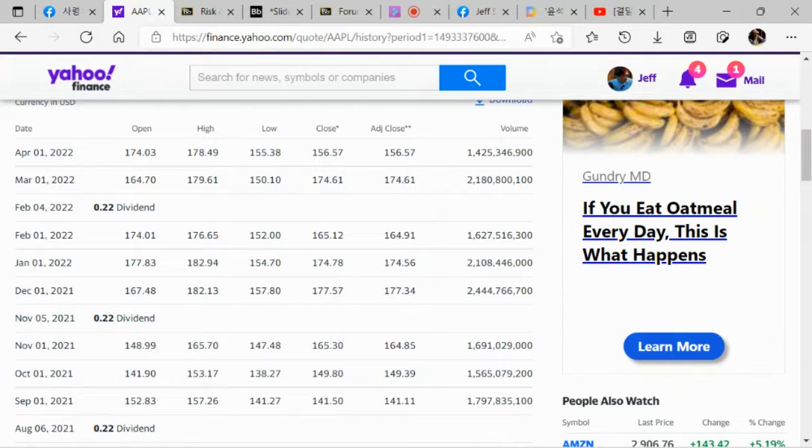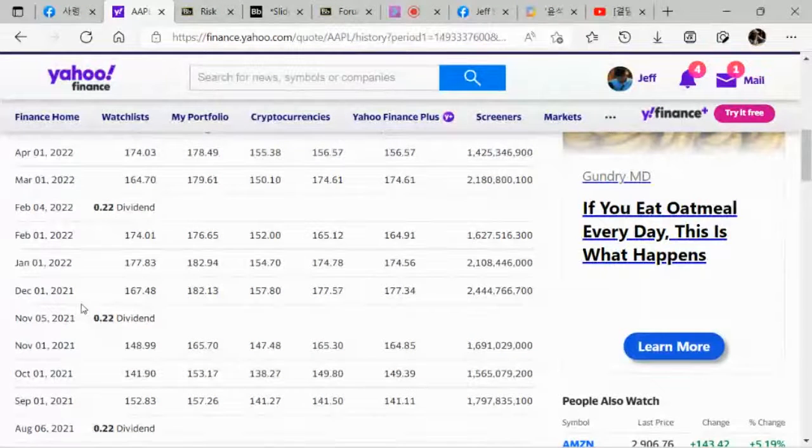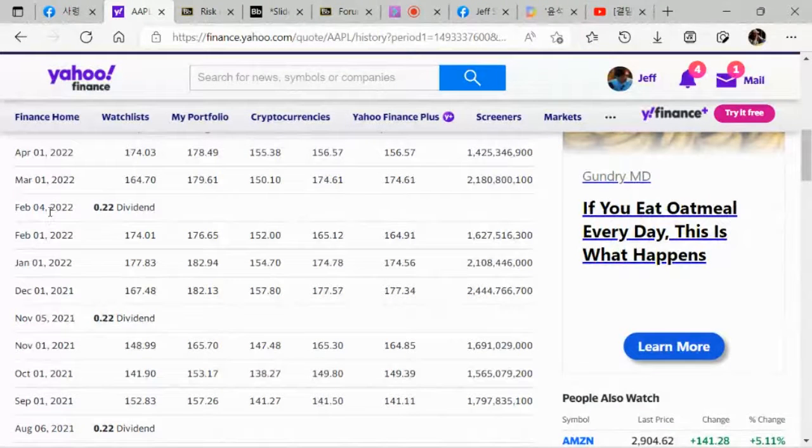Now, the dividend paid in February is not the dividend from the first quarter. I told you the dividends are paid quarterly. So does that mean this is the first quarter dividend? No, the first quarter hadn't ended in February. First quarter doesn't end until end of March.